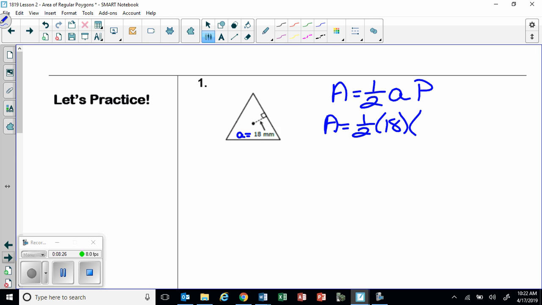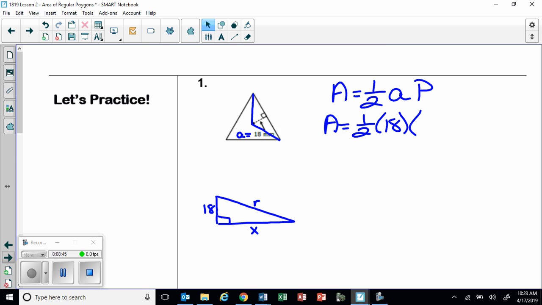I need to draw in my radius, and that's going to give me this beautiful right triangle. I need to figure out this central angle. So for my central angle, 360 divided by 3 sides is 120.